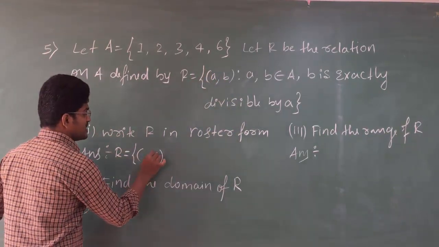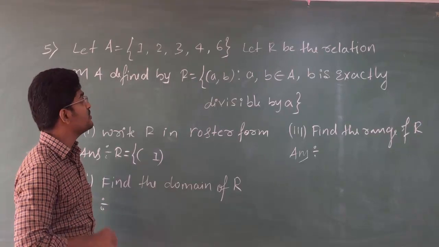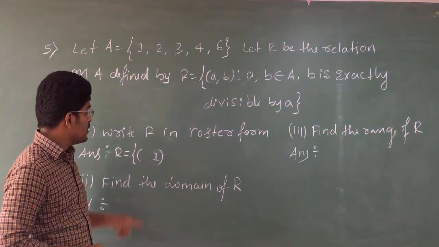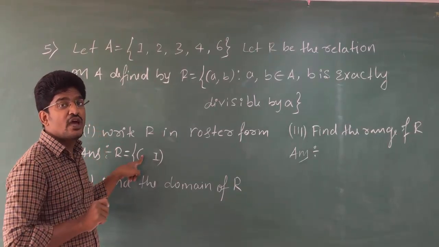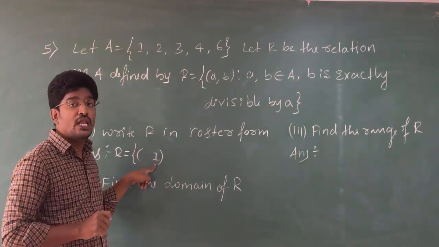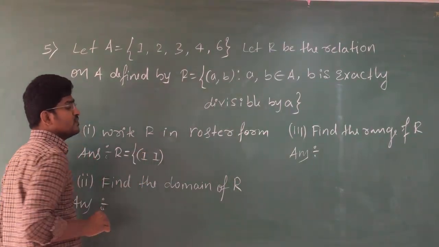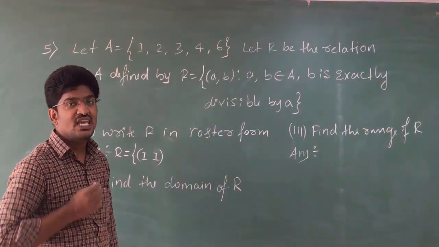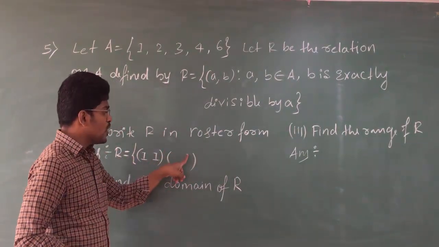That means the second term is exactly divisible by the first term. So if I take second term as 1, now the a will be what? The a term will be that kind of element which divides this one. So that's why 1 is always divisible by 1 but not with any other elements. Clear? So next, can I take 1 again?